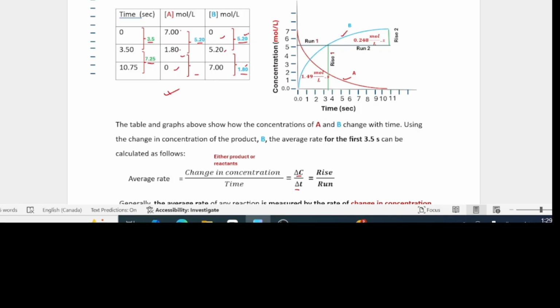During the same time period, the change in concentration in the formation of B is 5.2 moles per liter, since it changed from 0 to 5.2 moles per liter.